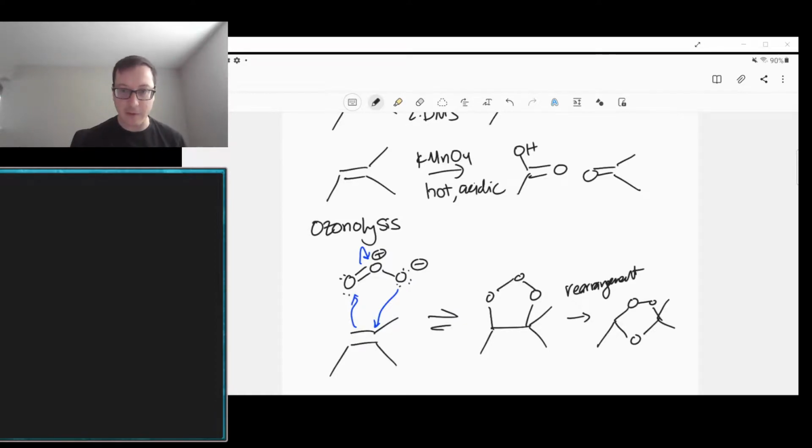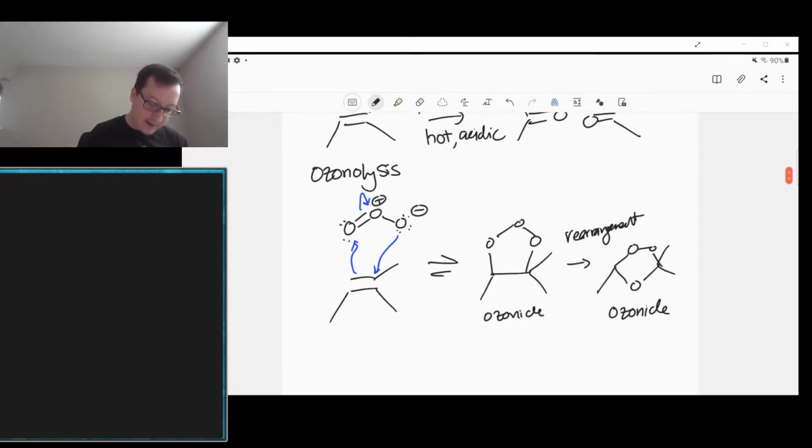You don't need to worry about the rearrangement, but it just rearranges the bonds here. So we still have our three oxygens and two carbons as part of this ring. And once we have that, this species is called an ozonide, by the way. So is this. Once you rearrange to the second ozonide, that's when we have our reducing agent come in and it'll start cleaving things.